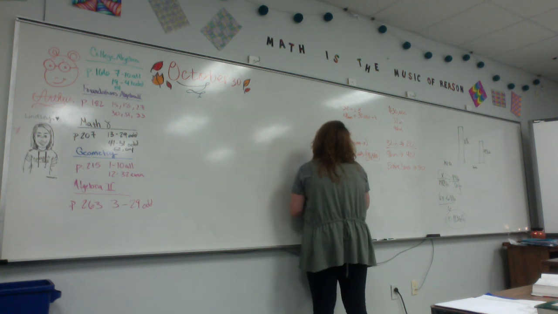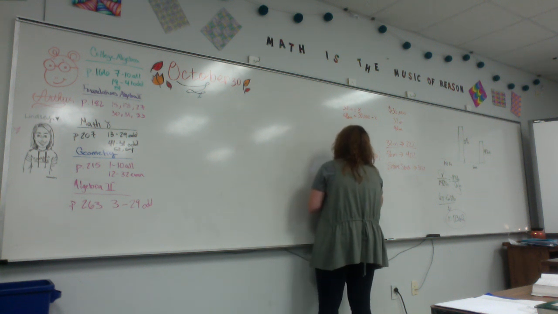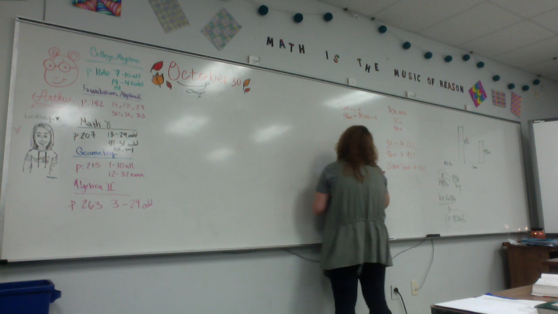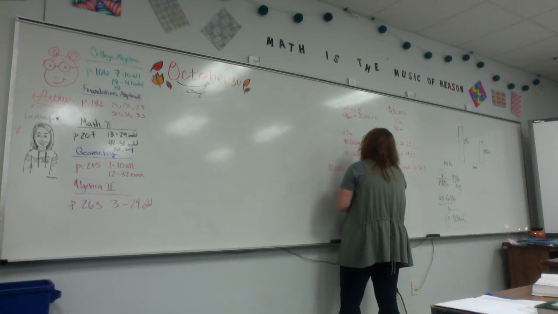So I have 10,500 equal to 0.22x plus 0.40 times 30,000 minus x.